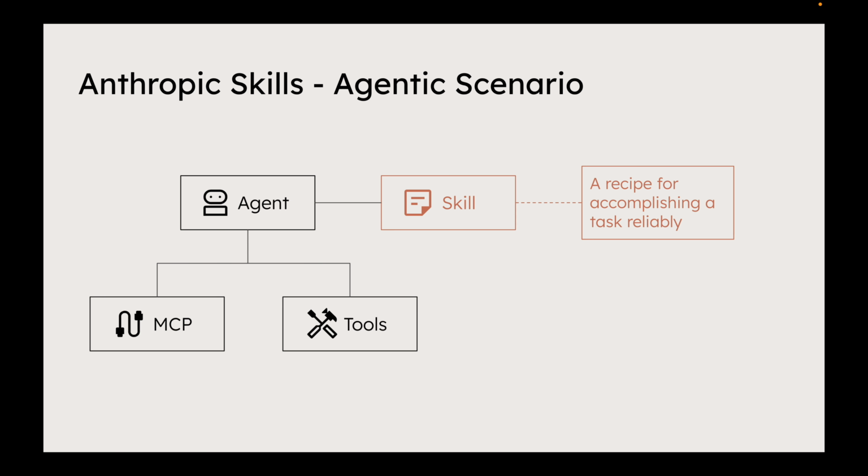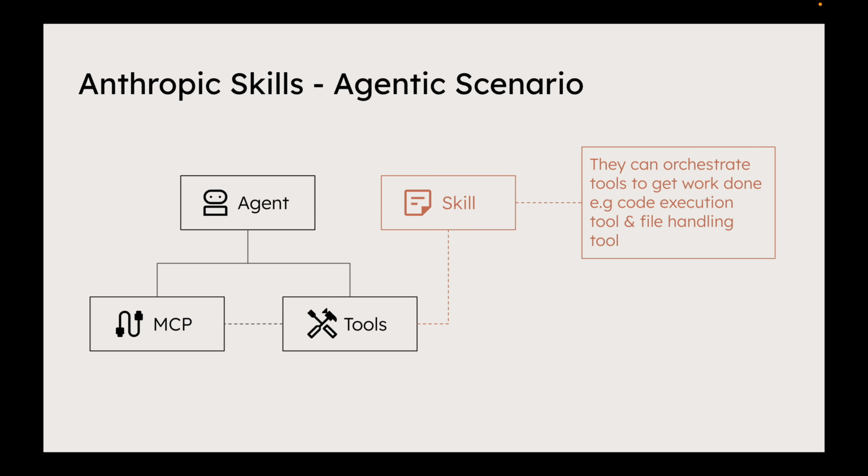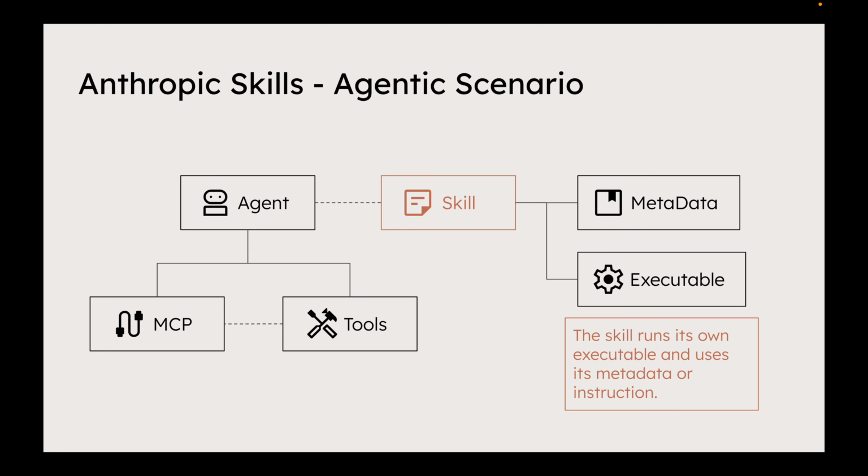So with skills in place, now agents have a recipe for accomplishing a particular task. These skills can also orchestrate tools to get work done. For example, you can leverage code execution tools, file handling tools, and whatnot. And you can also eventually talk to different MCP servers through them. While they do that, skills also have their own executables in place, so they would run those executables separately and they can orchestrate tools separately.